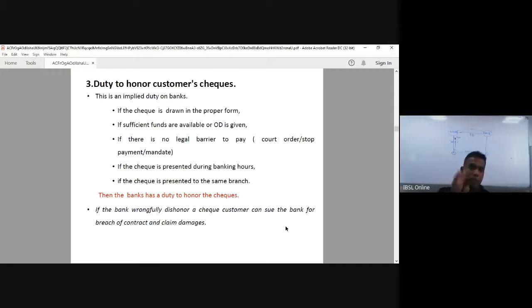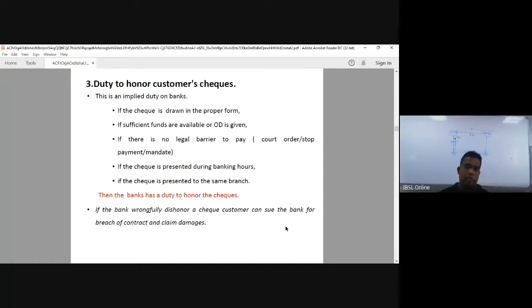So if all five conditions are fulfilled, then the bank has a duty to honor the check. It's a duty.